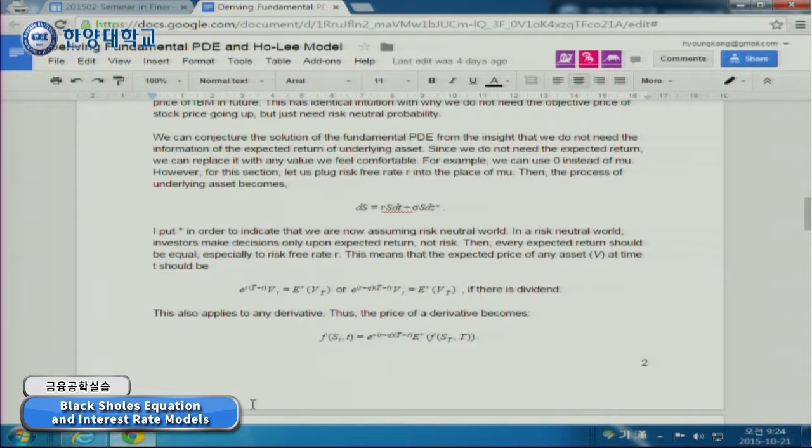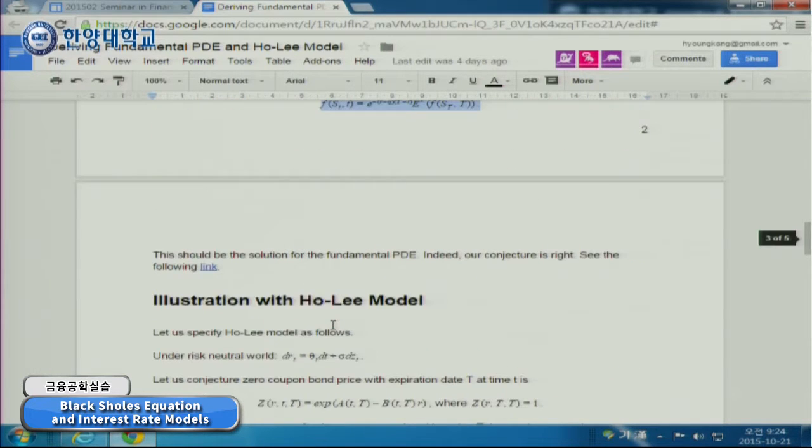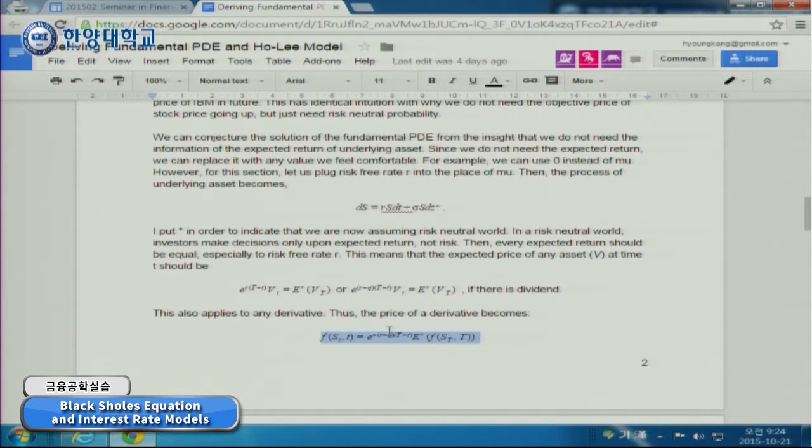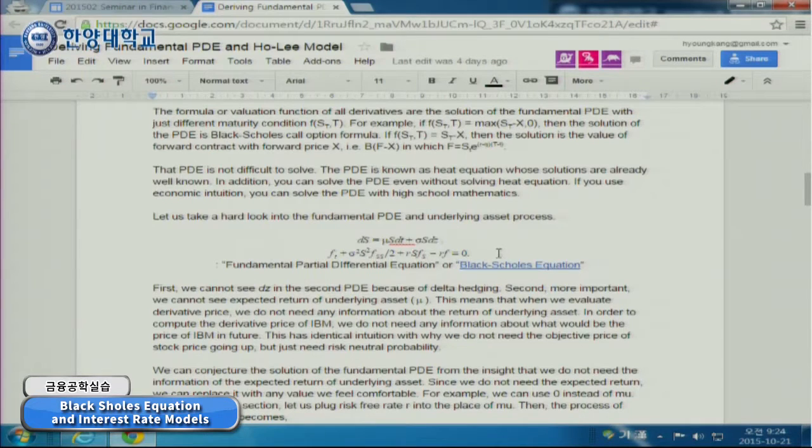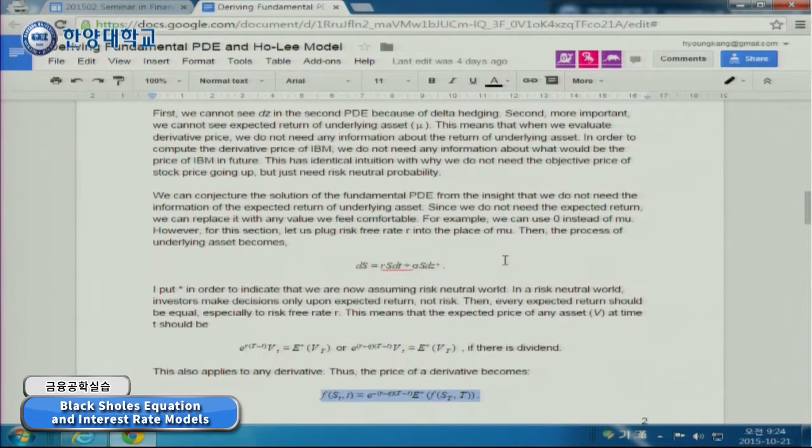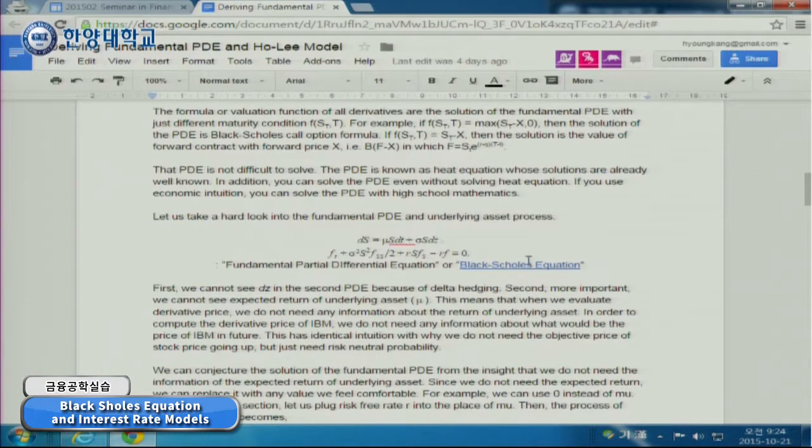Therefore, this also applies to any derivative. Thus, the price of a derivative would look like this. Intuition. And indeed, this is the solution of this PDE. Right? So actually, this is not even high school mathematics. We are solving this PDE by just using intuition.